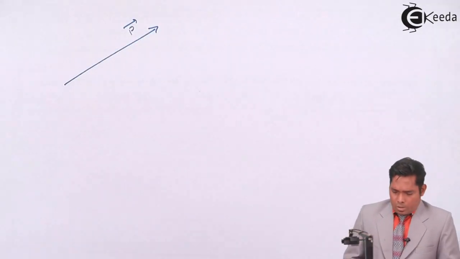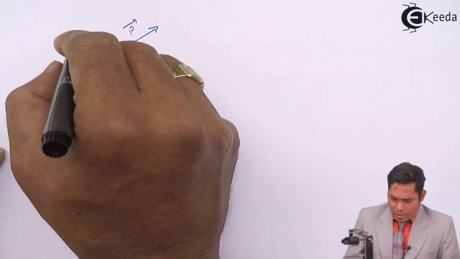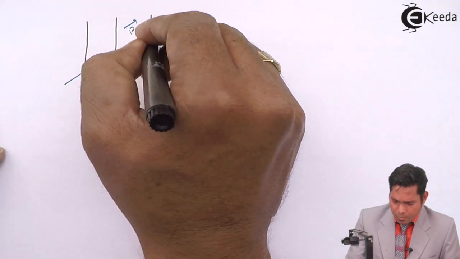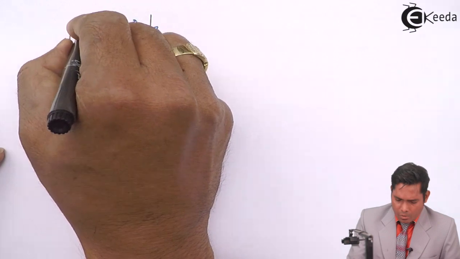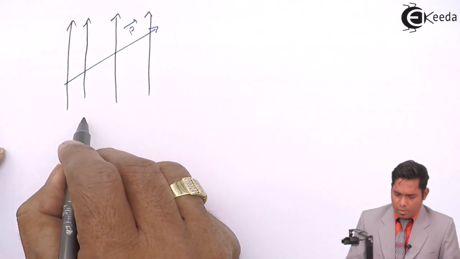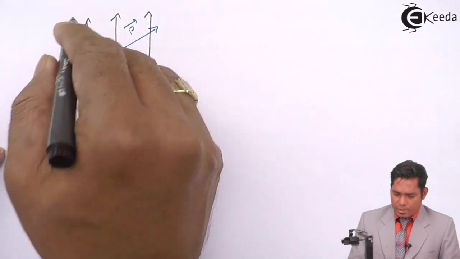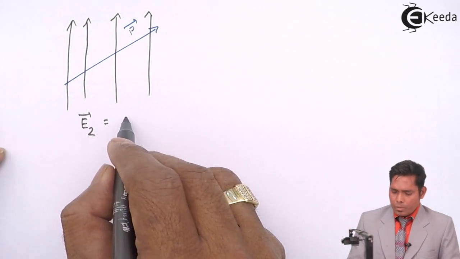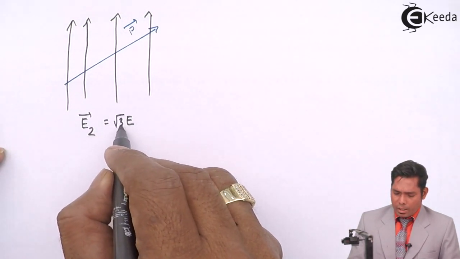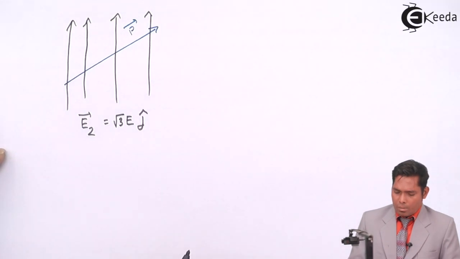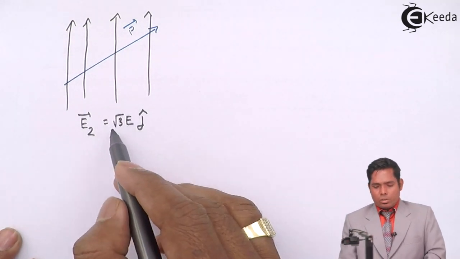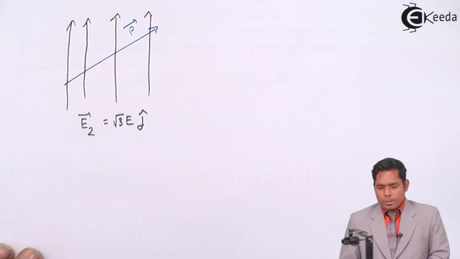Now according to the second case, this is how the electric field is acting. The electric field in the second case, this E2 vector, is root 3 times E into j cap, so in the y direction. We are interested in the magnitude.